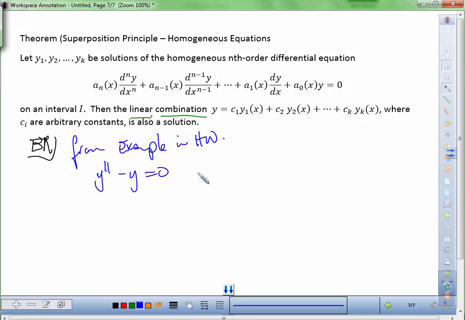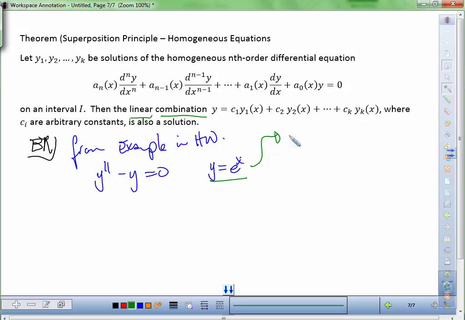Let's not talk about how we can solve that differential equation. Let's just say I know for some reason that y equals e to the x is a solution to that differential equation. Okay? So let me check that. Is that really true?